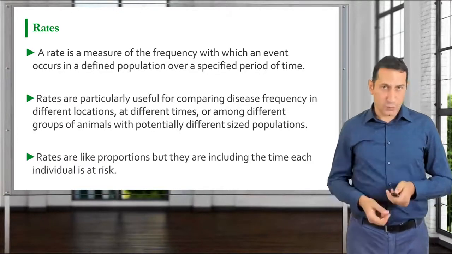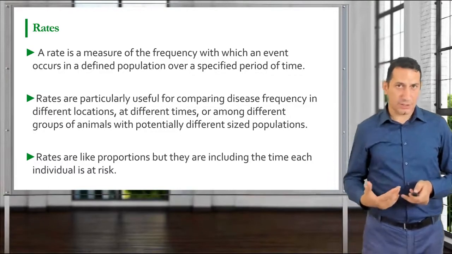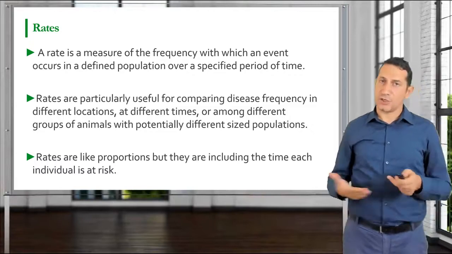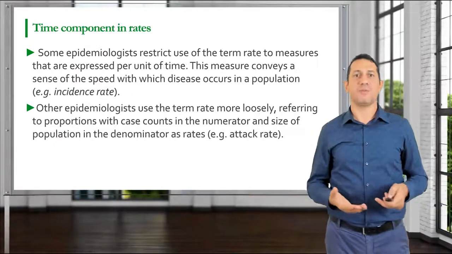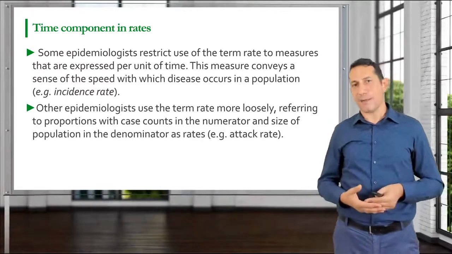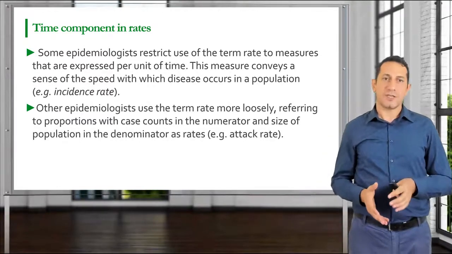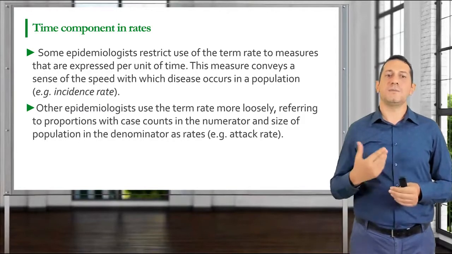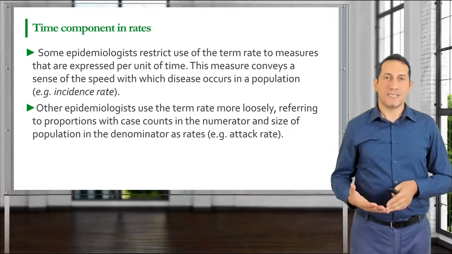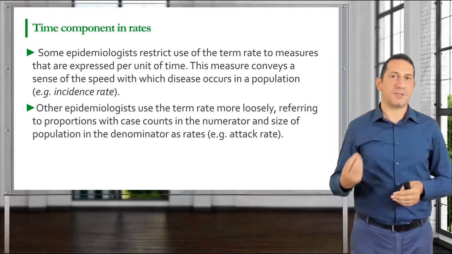But still, this is not clear, and there is a controversial opinion between epidemiologists, and some of them restrict the term rate to measures that express themselves per unit of time. It's like a speed concept attached to it.